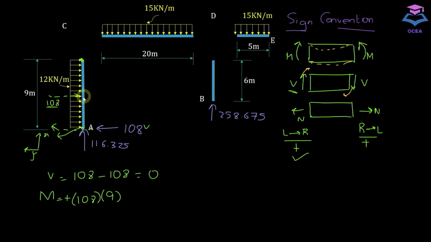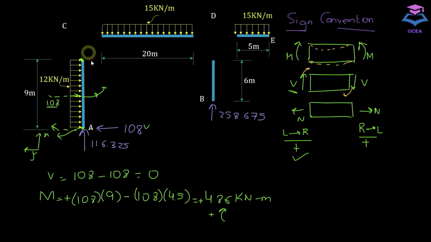And this force is creating counterclockwise moment, hence it will be negative, and it has a perpendicular arm of 4.5 meter. If you solve it, it's coming out to be around 486 kilonewton meter. Since it's positive, this is acting in clockwise direction.